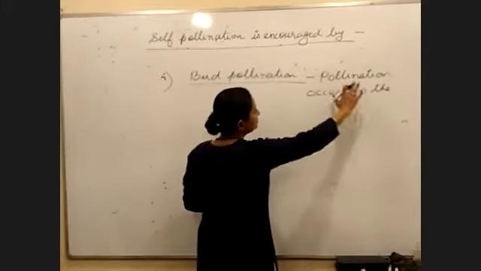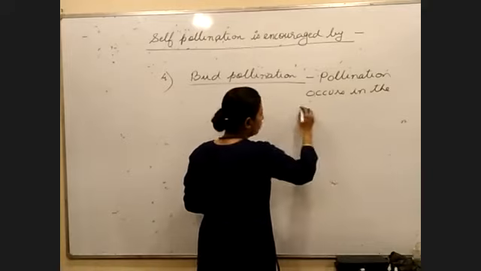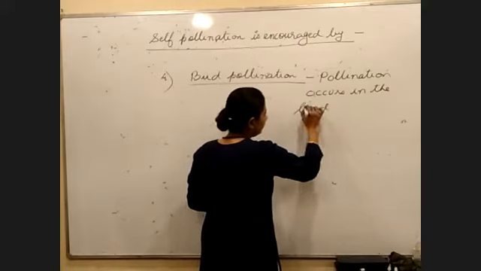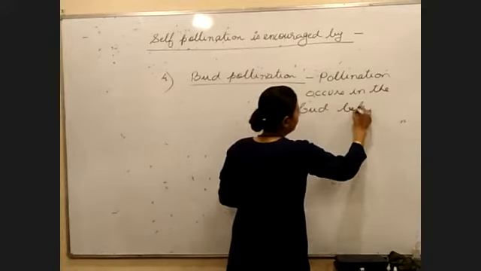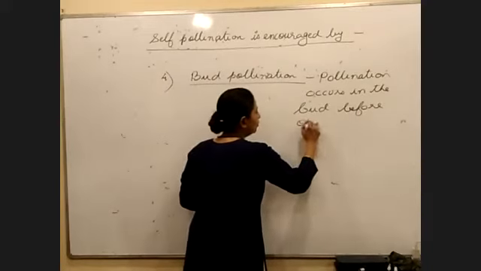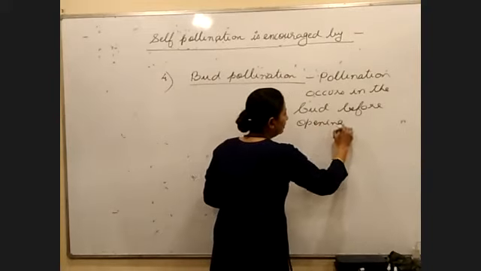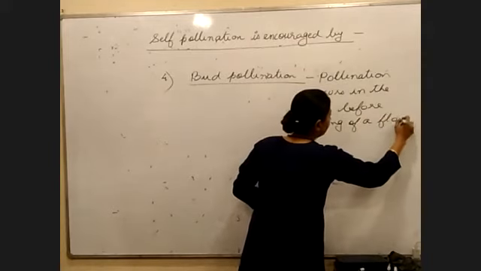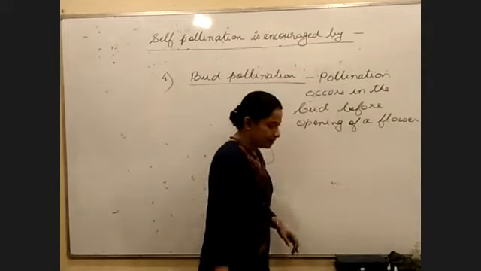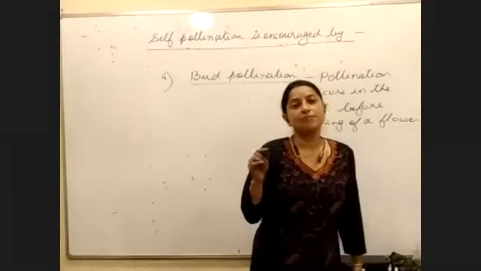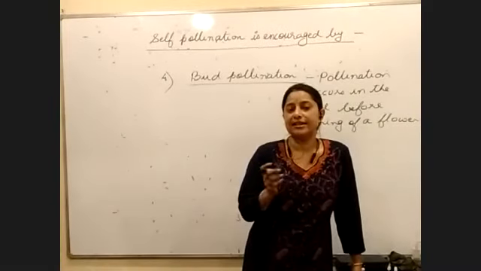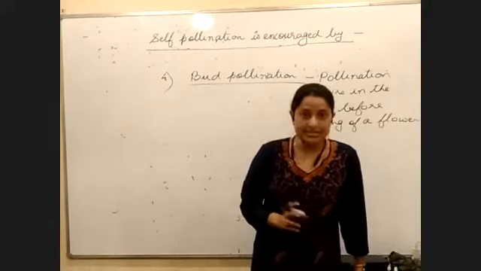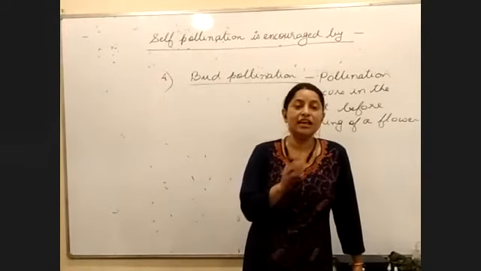Bud pollination: the statement is that pollination occurs in the bud before opening of a flower. Okay, let me tell you again. We are talking about a special type of pollination called bud pollination. What is bud pollination?